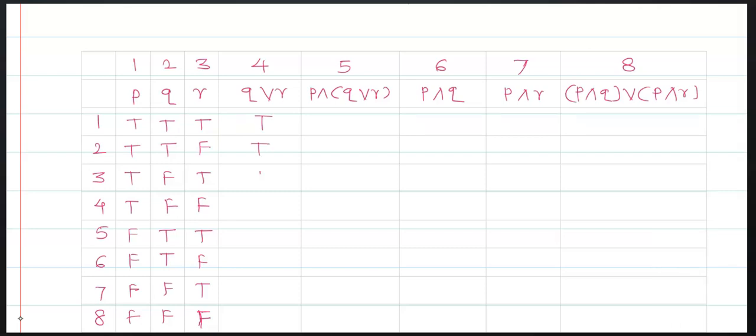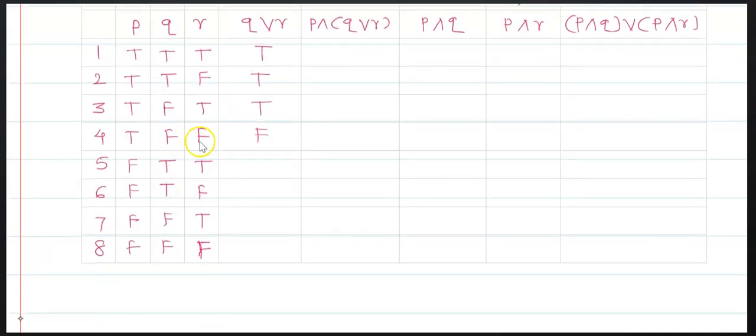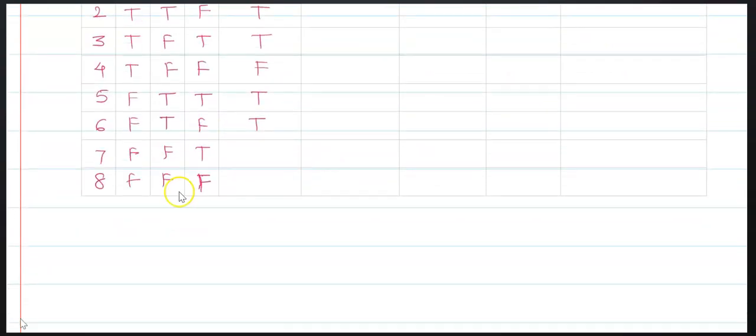First is T, second is T, third T, fourth T, fifth T, then both of them are false, false. Last is false, both of them are false.